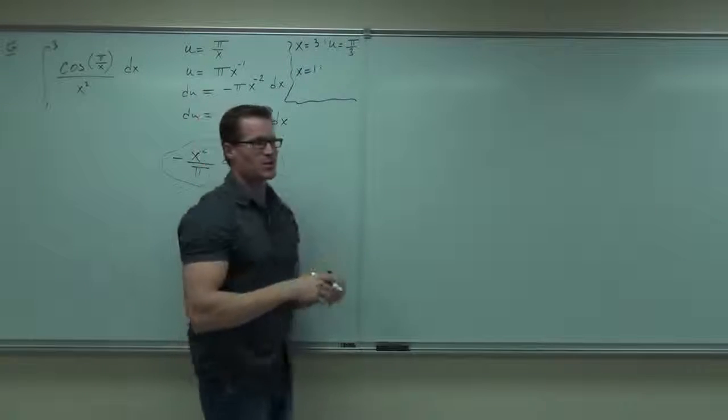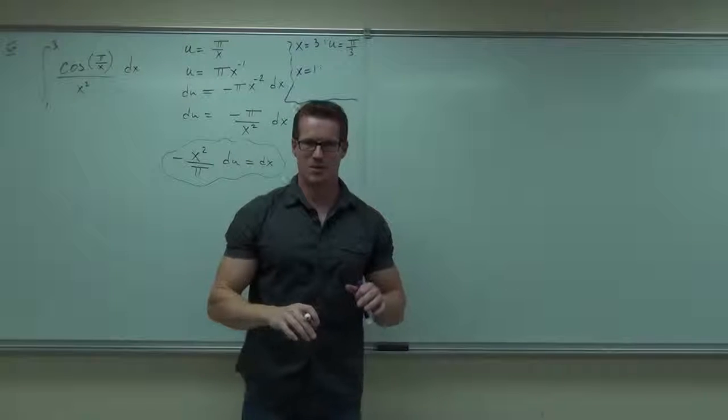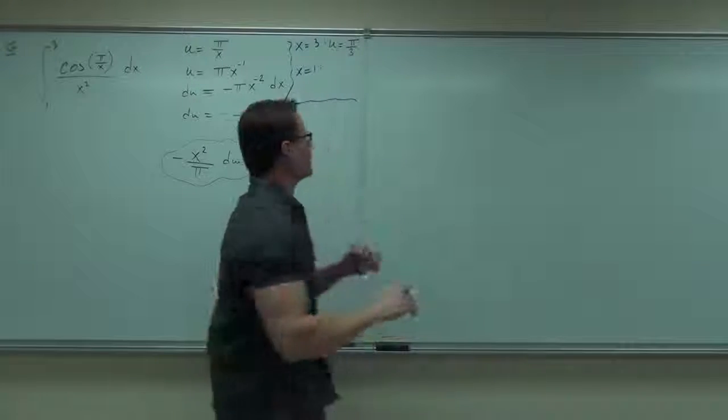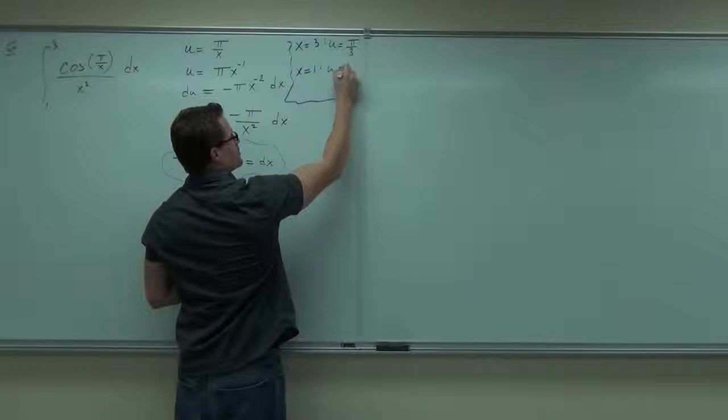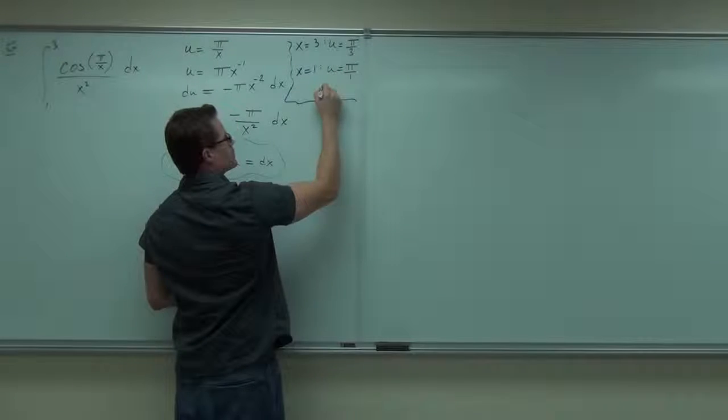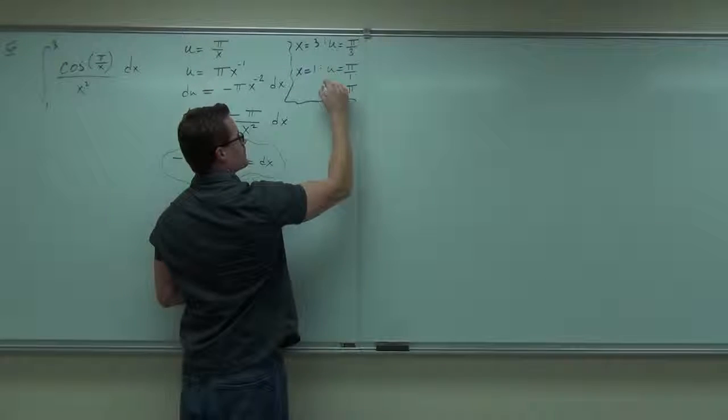Did you get pi over 3 as well? When x equals 1, u is supposed to be pi over x, so u would equal pi.